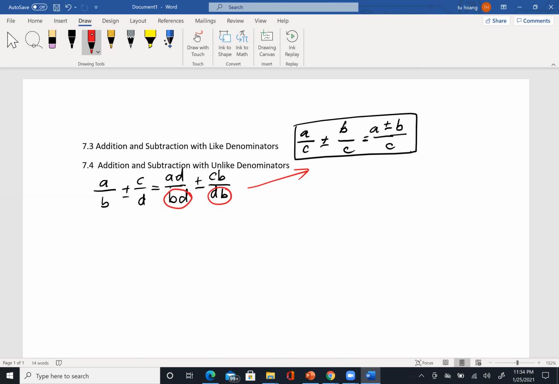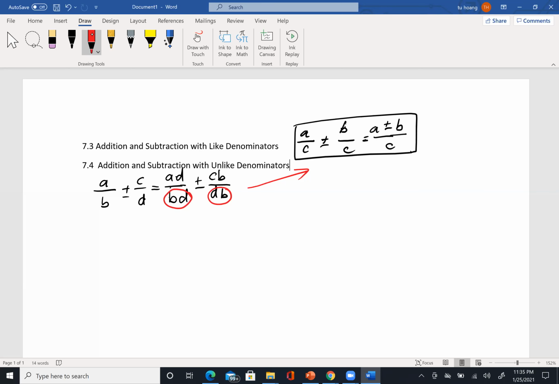It means you will try to convert the two terms into two fractions that have the same denominator, so you can use the addition and subtraction with like denominators. Okay, so let's do an example.